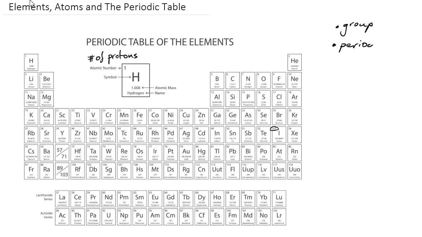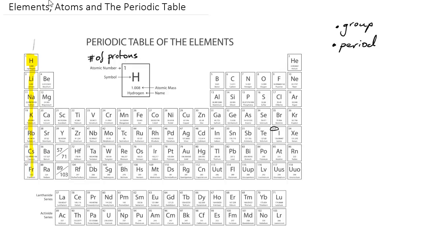And this will come up in our lecture today. So if you want to know what a group is, it's just going down the actual periodic table. So that's what a group is.